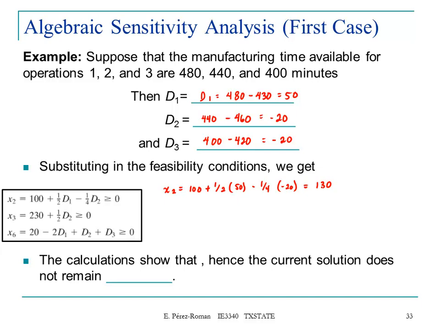Is that value positive? 130 is greater than 0, so this is feasible. Then let's check x3. x3 equals 230 plus 1/2 times minus 20. That's equal to 220. That's greater than 0, so it is feasible.